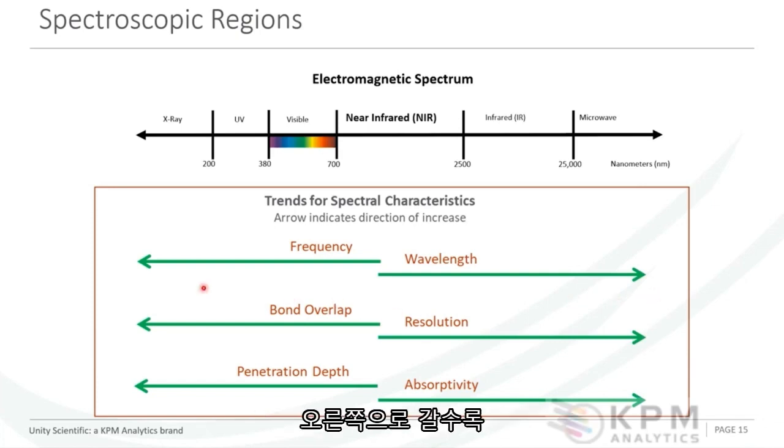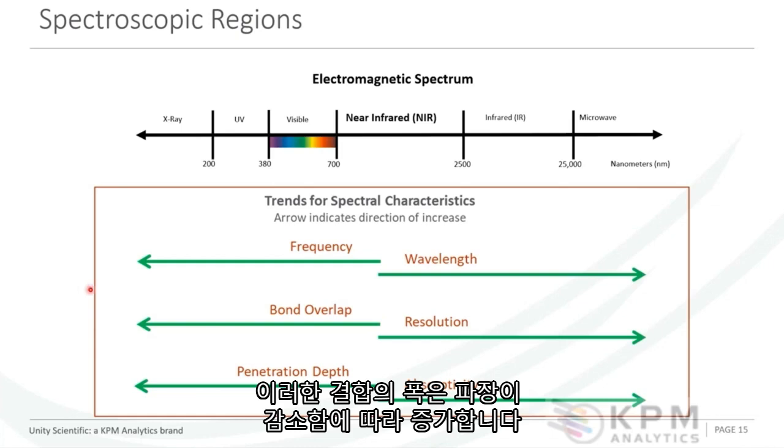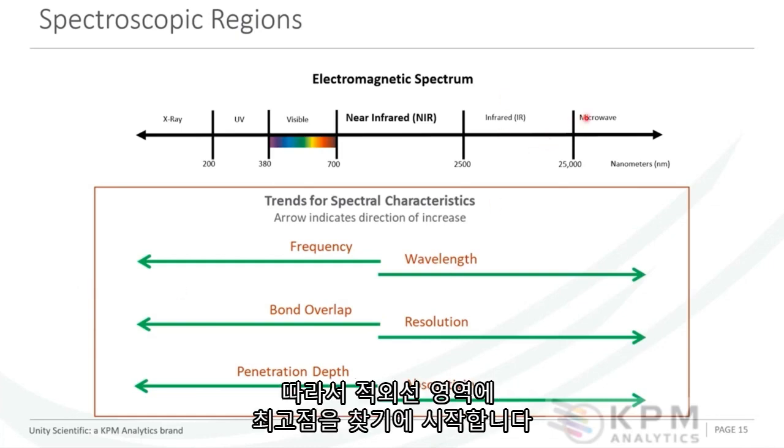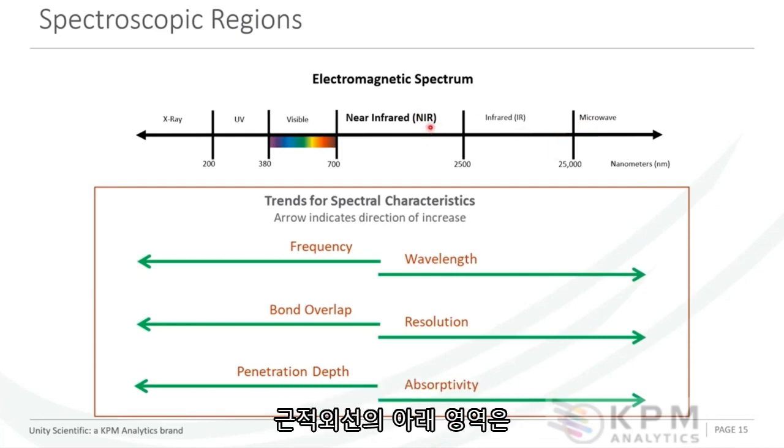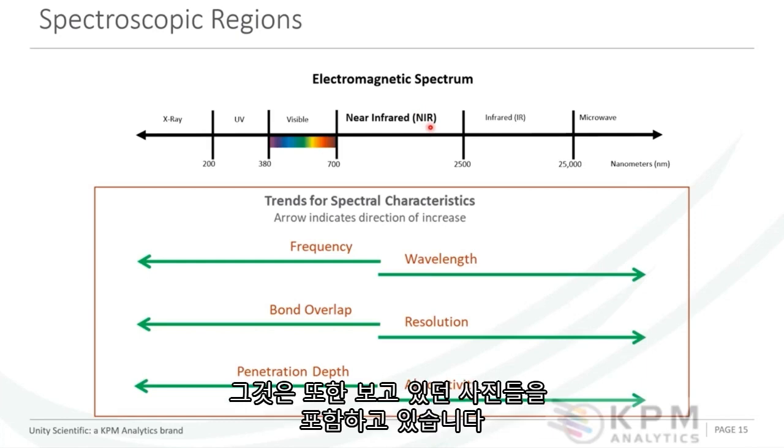Conversely, the bond overlap and the width of these bonds increases as the wavelength goes down. So we've got very sharp, nicely defined peaks up in the infrared region, whereas down in the near infrared, we start getting broad overlapped peaks, which also confounds the picture that we're looking at.